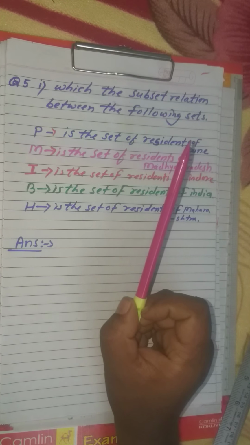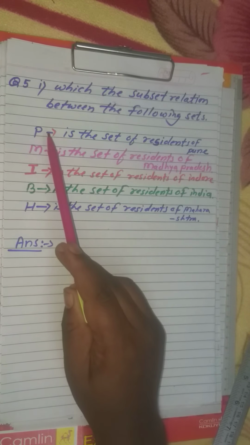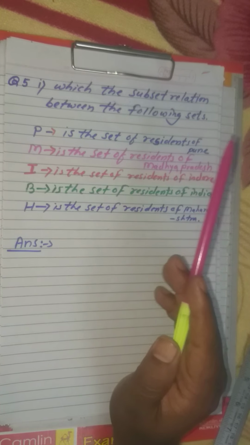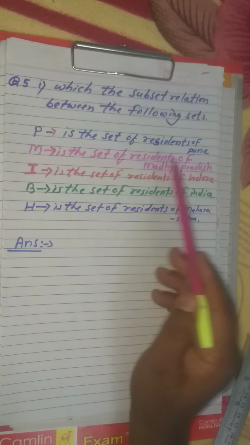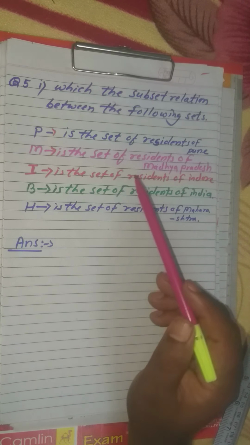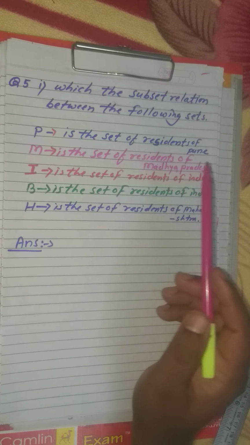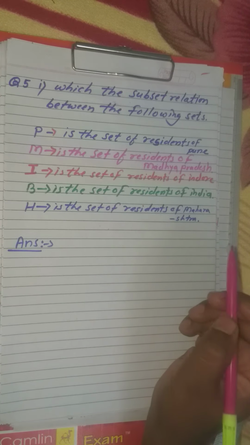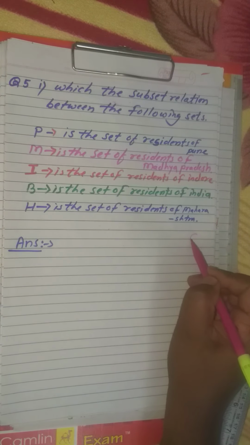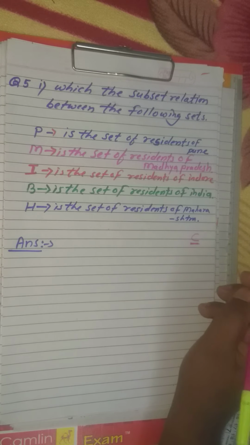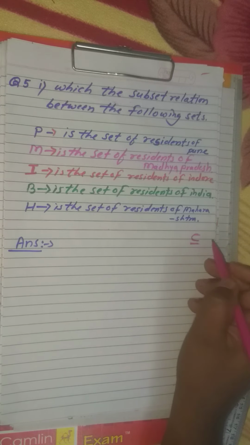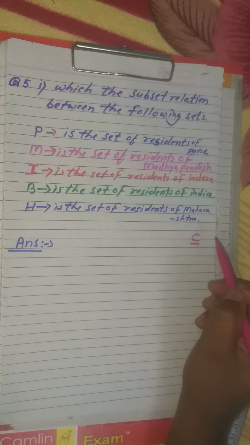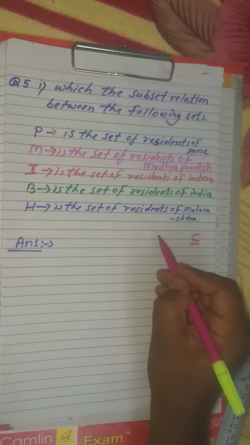Five different sets are given, and we have to write these statements in symbolic form using subset. We all know the sign of subset: a horizontal U shape with one line below it. That is the symbol of subset.